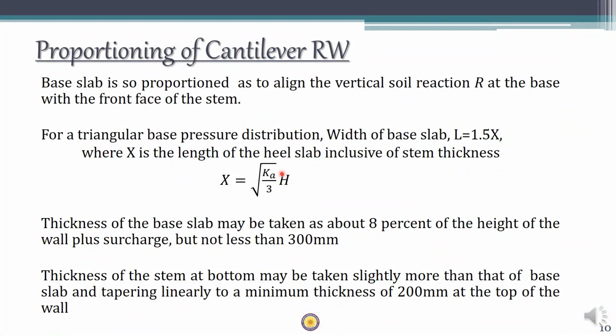The thickness of the base slab may be taken as 8% of the total height of the wall plus surcharge, but in no case less than 300 millimeters. The thickness of the stem can be taken slightly more than that of the base slab at the bottom, and it can be linearly tapered up to a minimum thickness of 200 millimeters at the top of the wall.